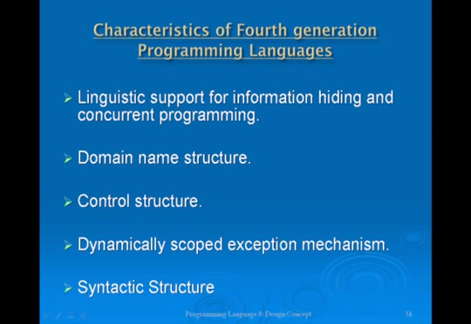The most important contribution of the fourth generation lies in the domain of name structure. In fact, fourth generation programming language is essentially synonymous with data abstraction language, since the primary characteristic of this generation is the provision of an encapsulation facility supporting the separation of specification and definition, information hiding and name access by mutual consent.